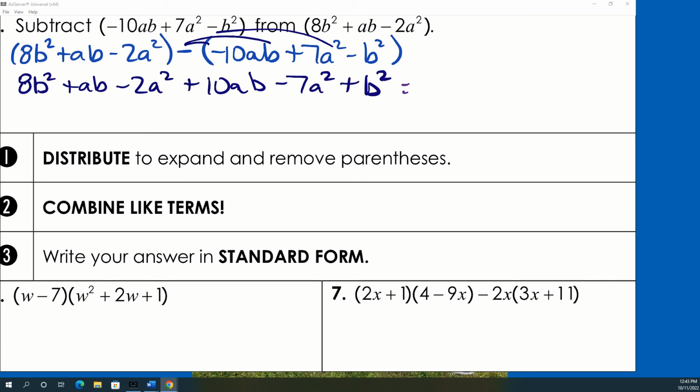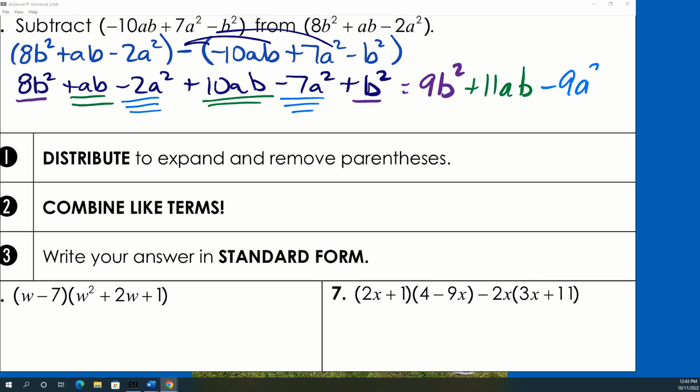So just do whatever order you want to. It doesn't matter to me. And if you wrote these in a different order, it's okay, as long as it's the same terms.